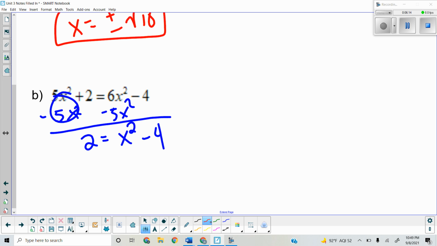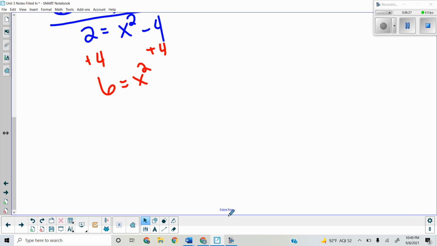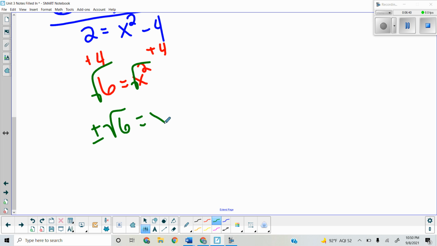Now I need to move the negative 4, so I add 4. So 6 equals x squared. We take the square root, positive, negative, square root of 6 equals x. Now we'd like our variable to come first, so we're just going to rewrite that as x equals positive, negative, square root of 6.